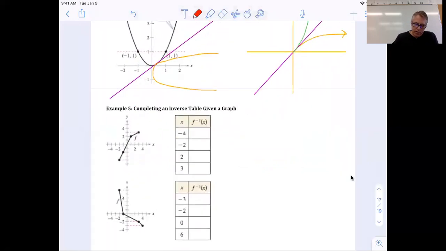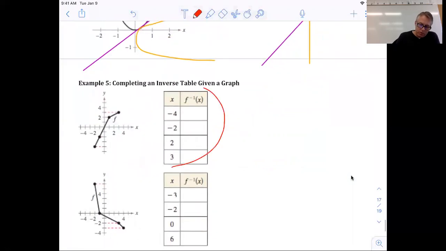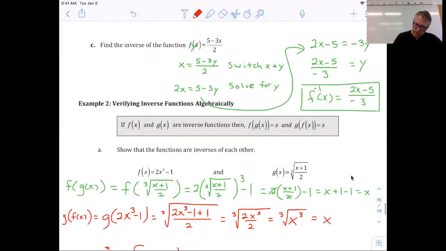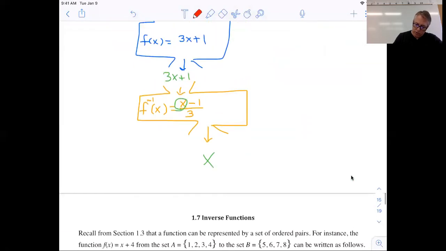So down here at the bottom, we want to complete the table for the inverse. Now this is the function. We're not completing the table for the function. We're completing the table for the inverse. So let me go back to our original demonstration here.